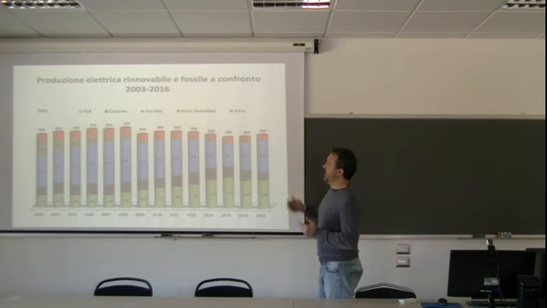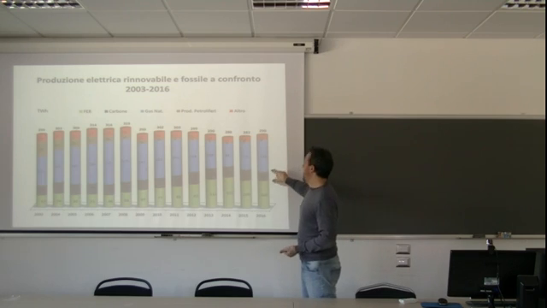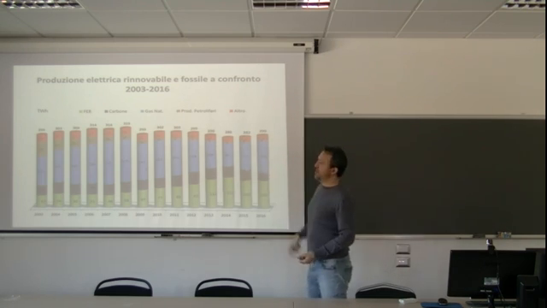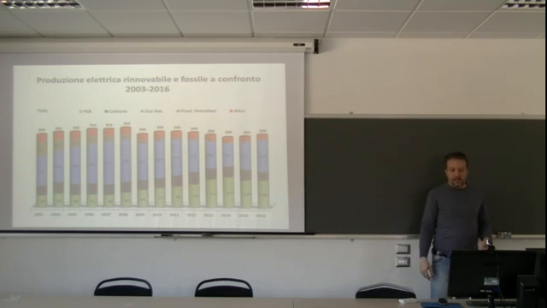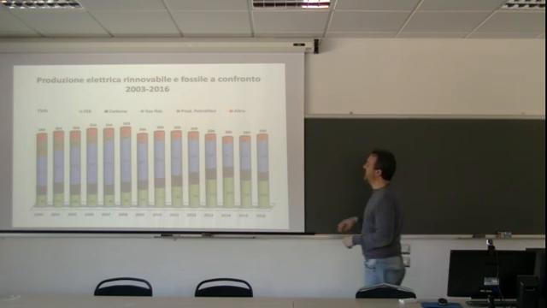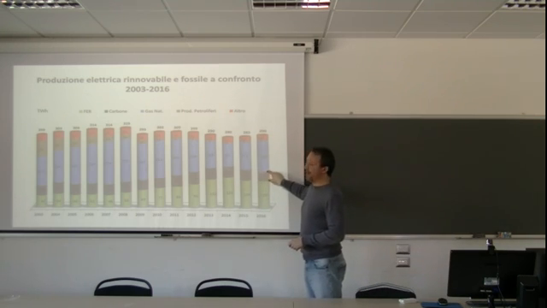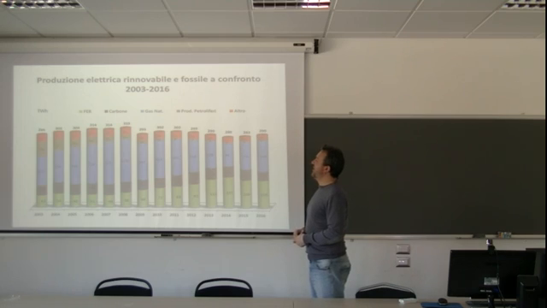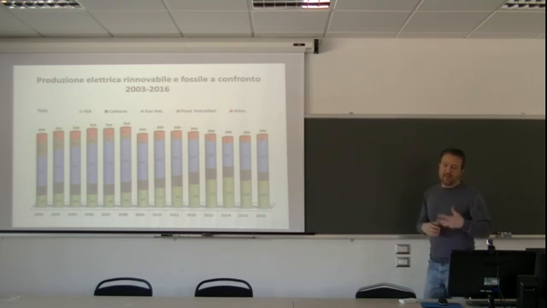We still have other kinds of fossil fuels, and we still have coal. Coal, thank you. We still have a lot of coal that produces energy with environmental and connected problems.